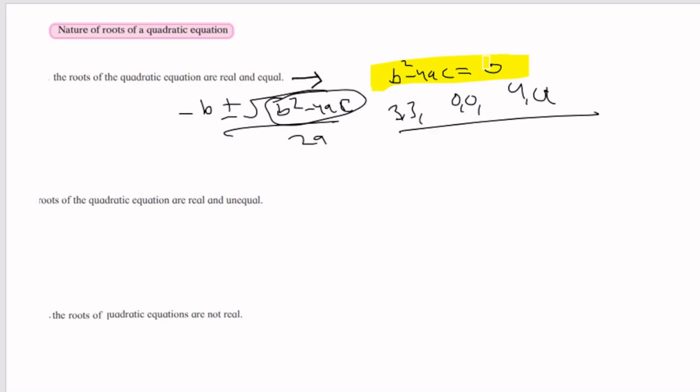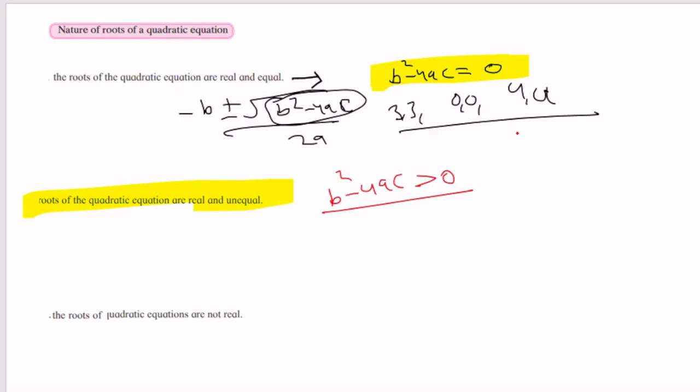Second, the roots of the quadratic equation are real and unequal. When b square minus 4ac is greater than 0, it means whenever you get a positive value, more than 0, your roots will be unequal, but real.